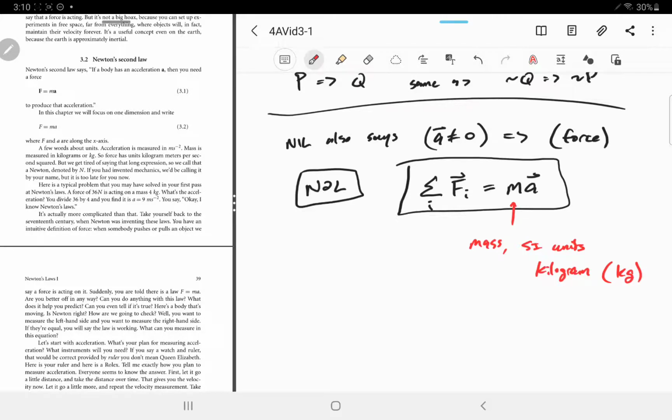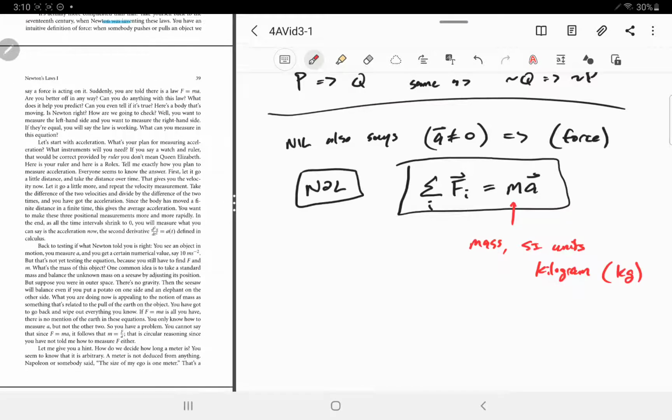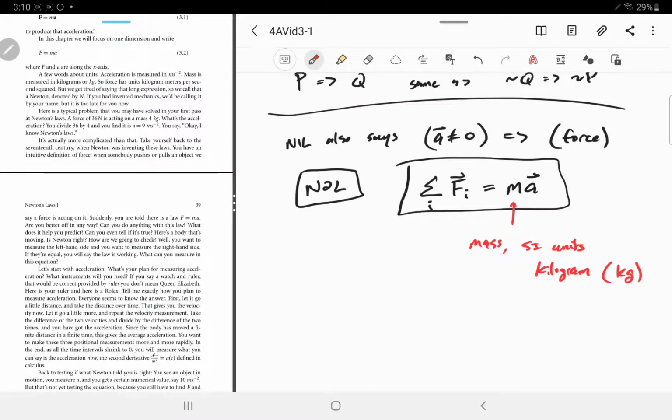Now the definition of a kilogram, your book points out, we don't want to be circular here and define mass in terms of forces and accelerations. So you can think of the kilogram as a piece of metal that has weight on Earth of about 2 pounds. You can probably imagine how much that is, maybe the weight of a heavy textbook. Imagine you have a piece of metal of this size. That's 1 kilogram.